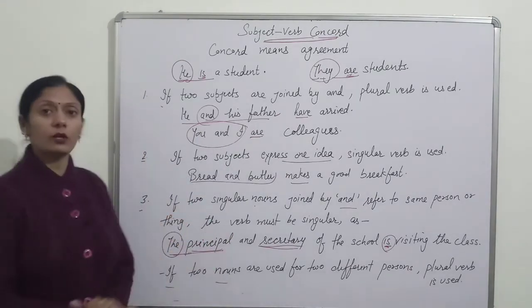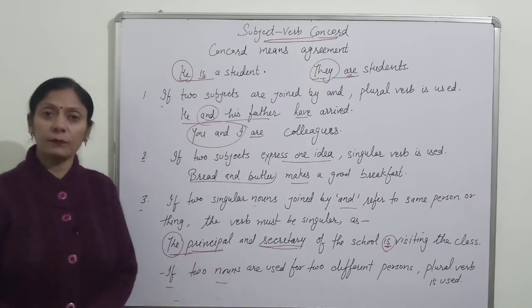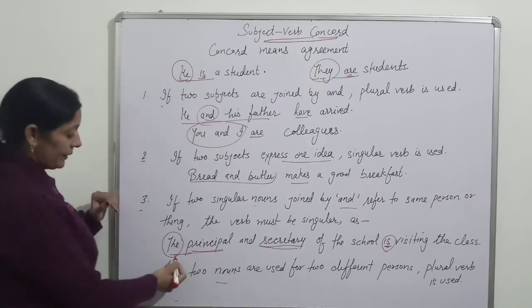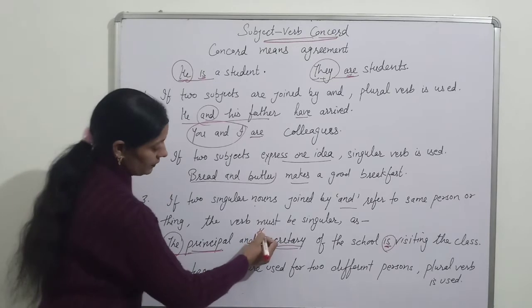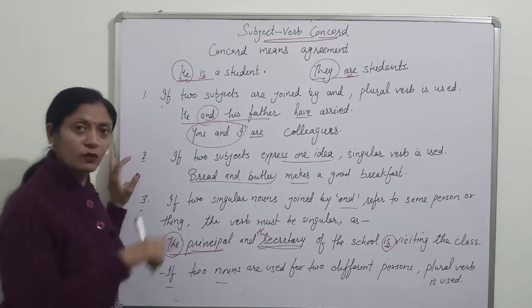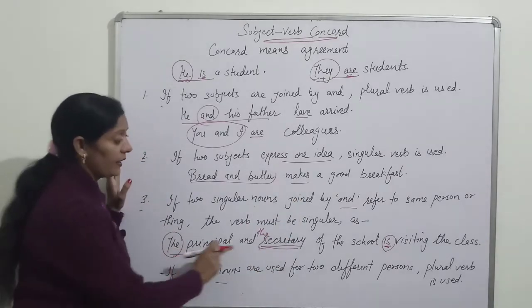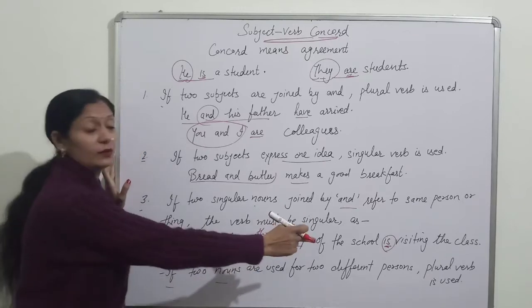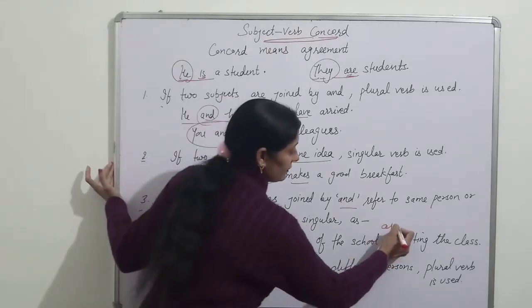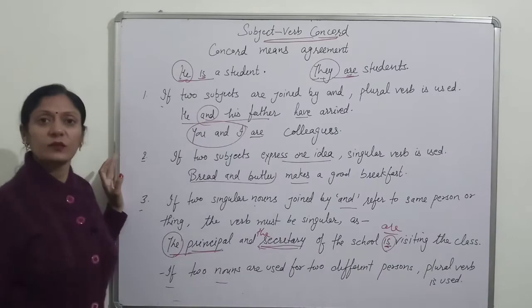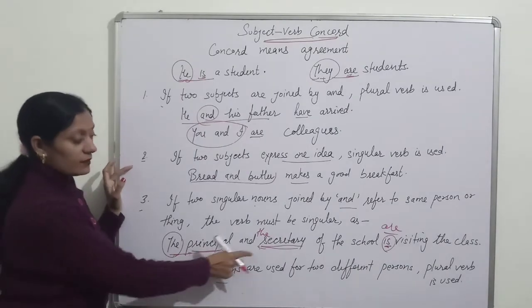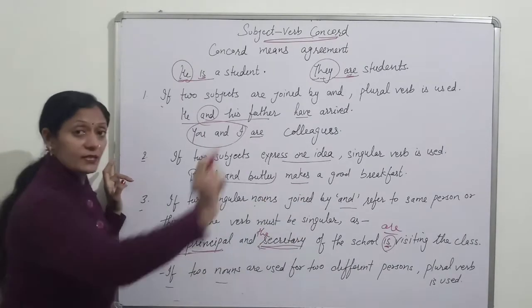If the article is used with both of the subjects, it means we are talking about two persons, the principal and the secretary of the school. Then we write here are. Okay, the principal and the secretary of the school are visiting the class.